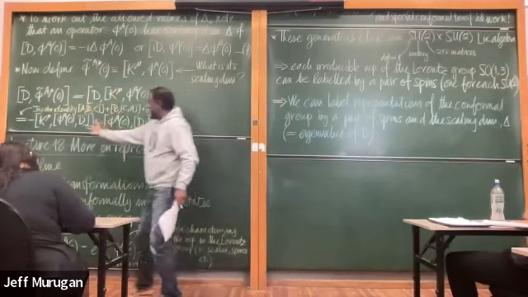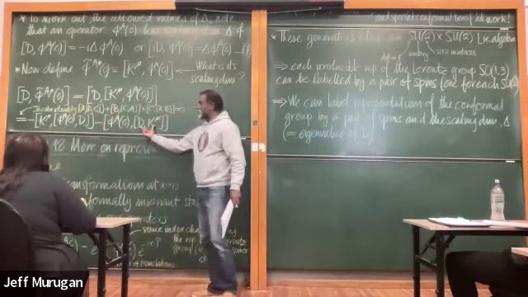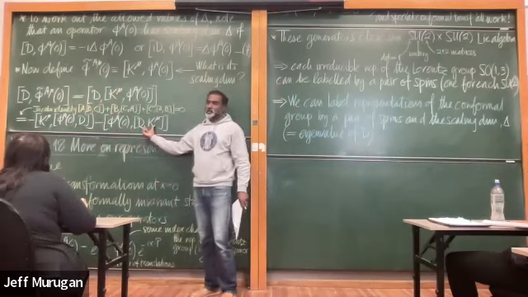But I know that phi A has eigenvalue delta, and I know that these guys satisfy an algebra.